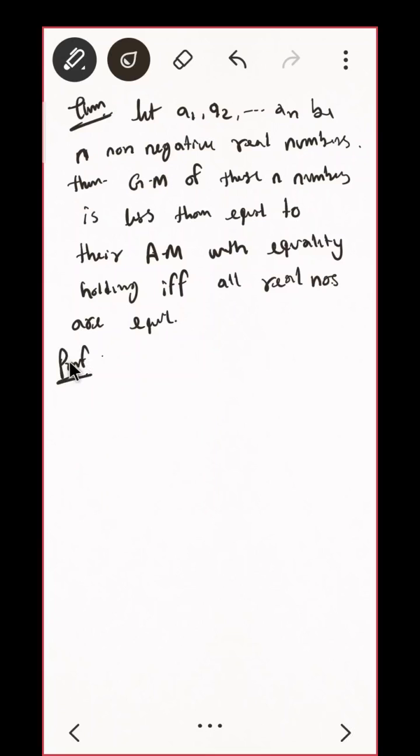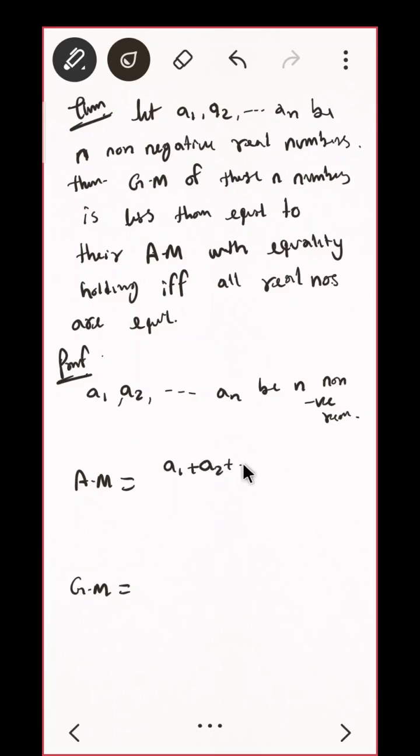Yes. So first of all, you are given a1, a2, up to an, n non-negative real numbers. What is your arithmetic mean? What is your geometric mean? Can you tell me? Arithmetic mean, that is quite easy. What will be arithmetic mean? a1 plus a2 up to an, by n.